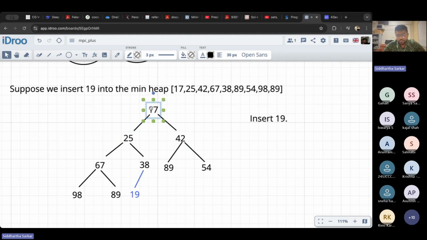But since it's a min heap, the parent node should be smaller than the children. Transitively, the parent node should also be smaller than the grandchildren and so on. So here we can see the parent is 38, but the child is 19. So the min heap property gets violated. So we have to fix it. How do you fix it?